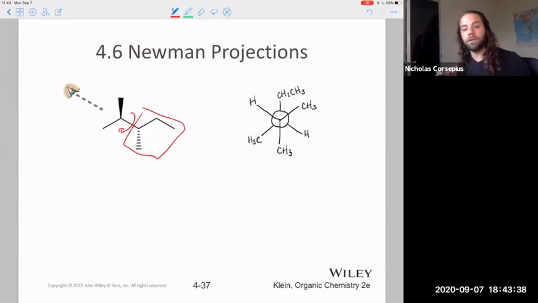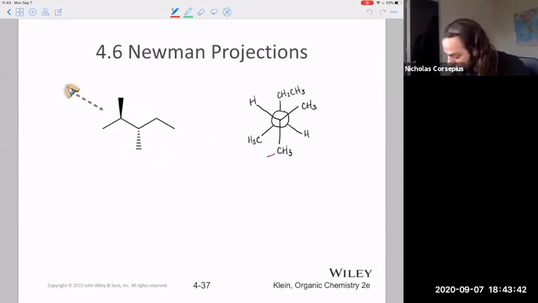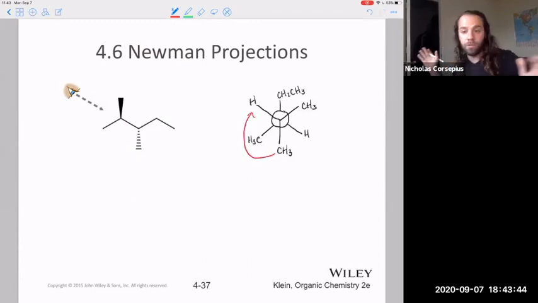On my Newman projection, I'm going to rotate 120 degrees clockwise. Could have gone counterclockwise, could have gone 60 degrees, could have gone 47 degrees. Doesn't really matter, right? The whole point is you can display these sorts of things with a Newman projection. That's what it's really used for, and that's what I'm trying to demonstrate here.